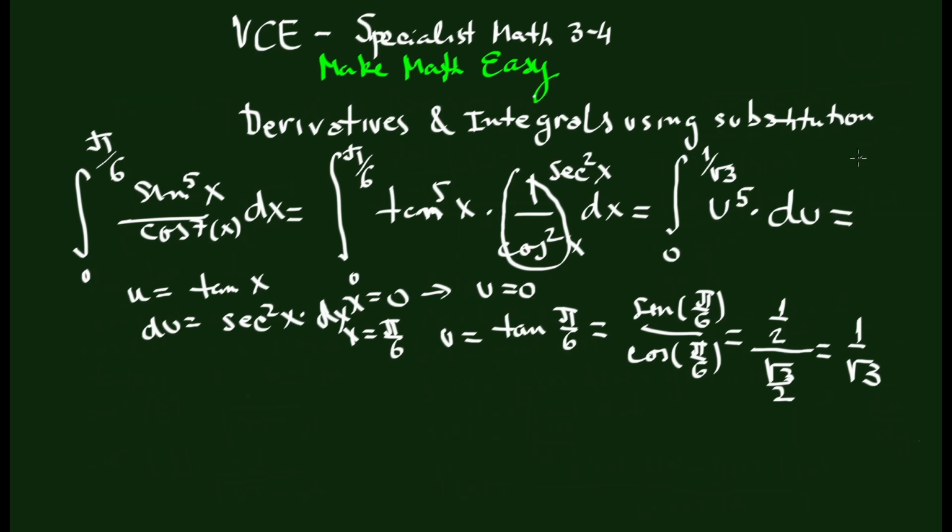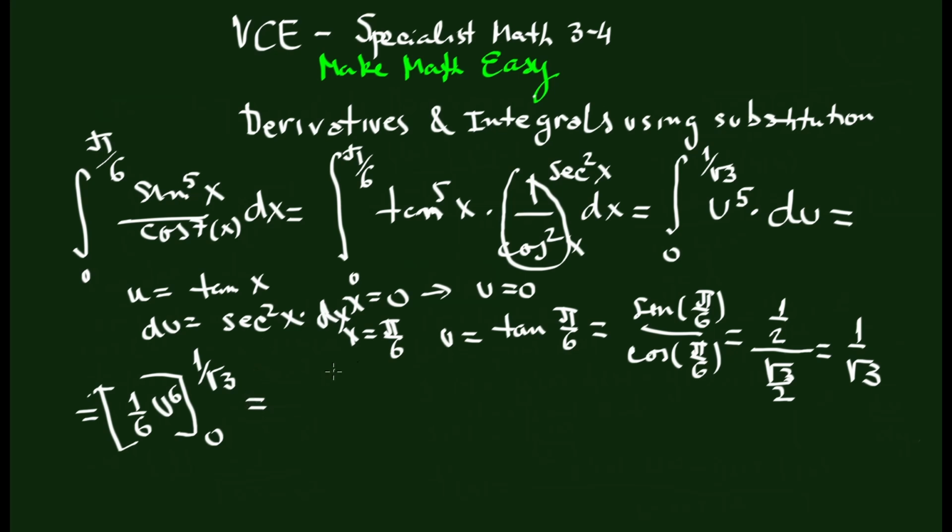And now we know this integral. That's the basic one. When you do integrals, you go one power up, and in front of it 1 divided by that, so it's 1/6 of u to the power of 6 from 0 to 1 over square root of 3.